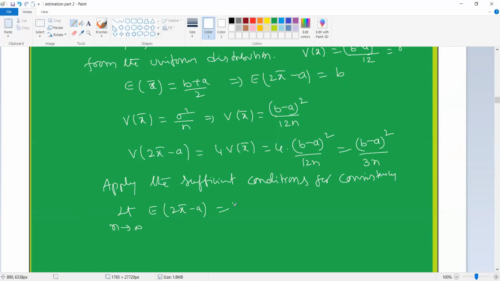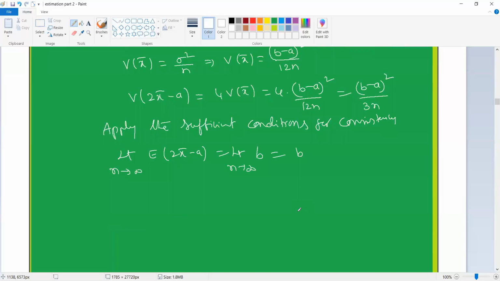So as n tends to infinity, 2x bar minus A is equal to what here? B. Limit of B is B, a constant. Limit of constant is constant.